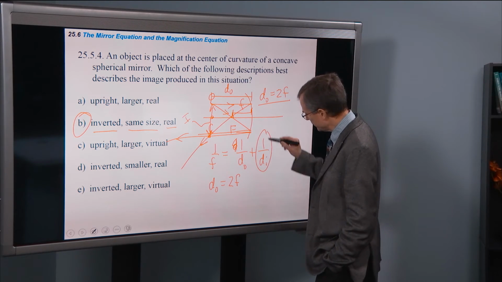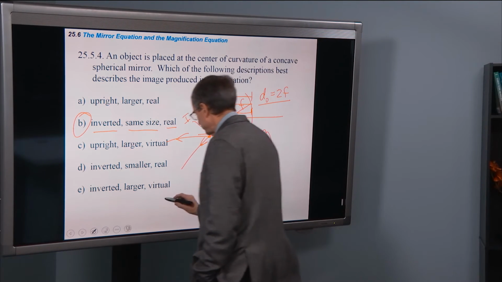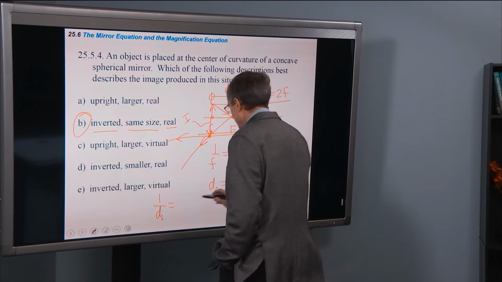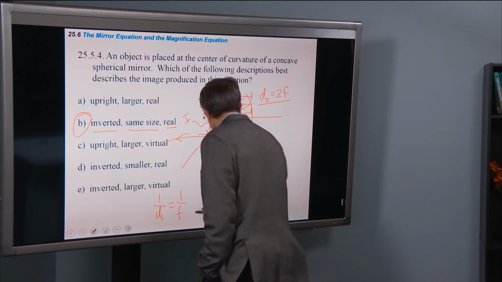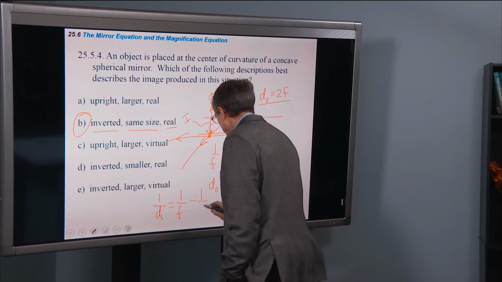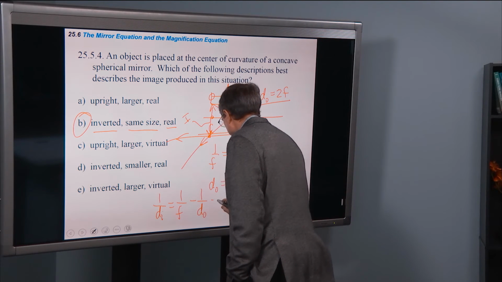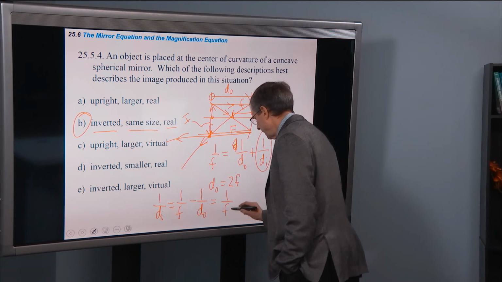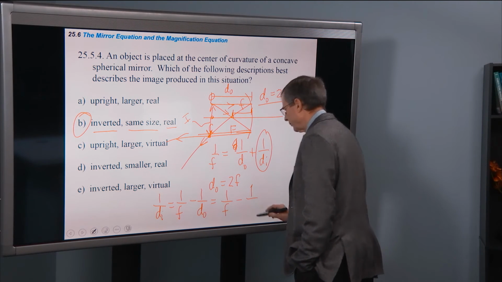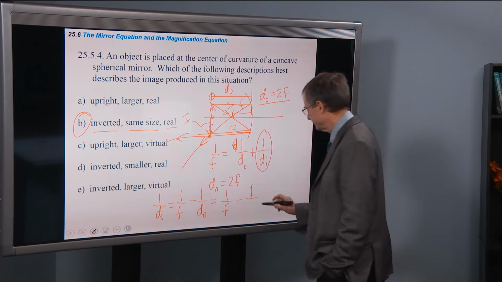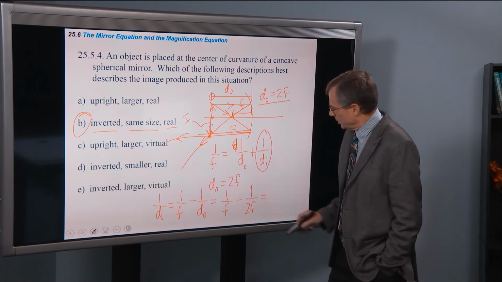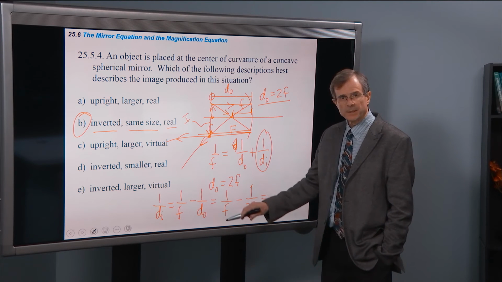We can solve this like we did before. If I want to solve this for 1 over di, it's 1 over f minus 1 over d naught. That's 1 over f minus 1 over 2f. We have to get a common denominator here.